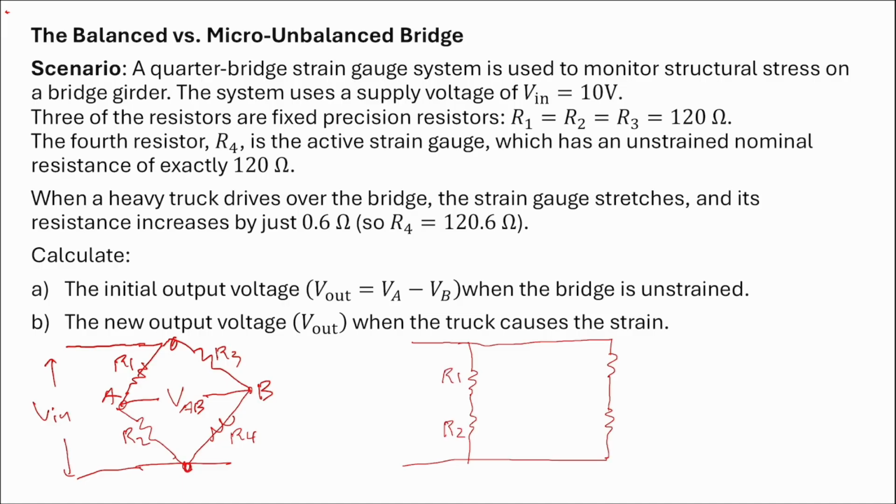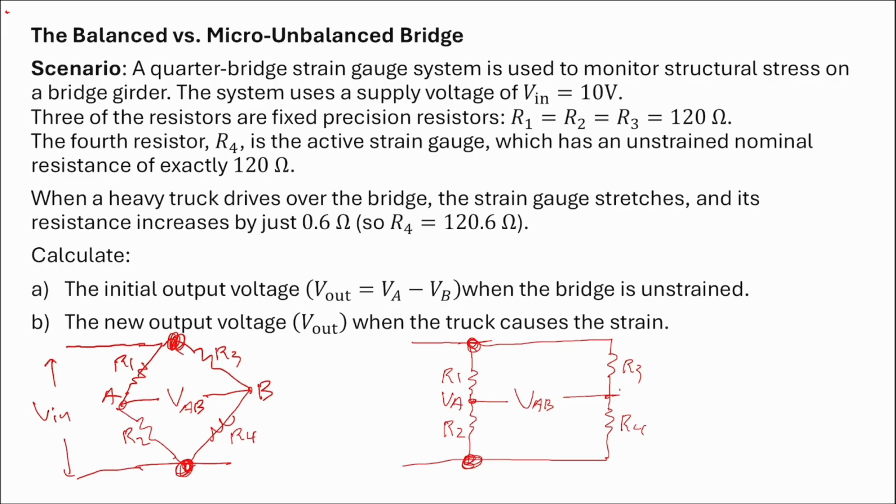R1, R2, R3, R4. So this is V_AB. Because this point here is the same as this point and this point, we can measure the voltage at this point.